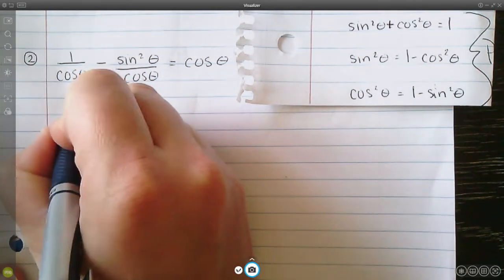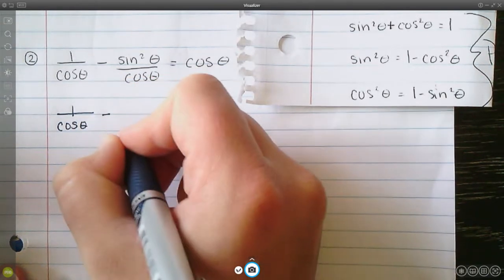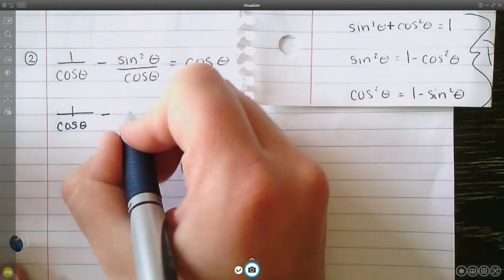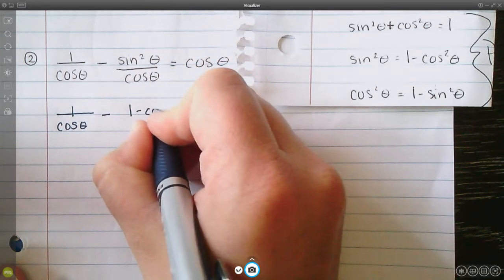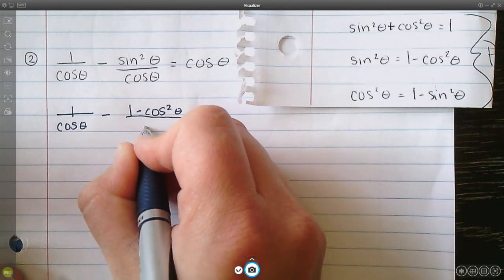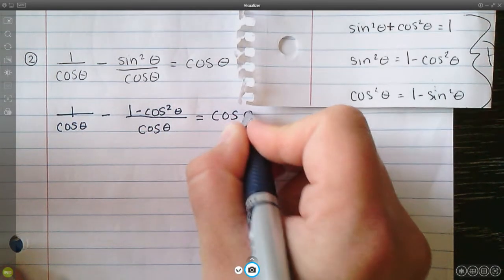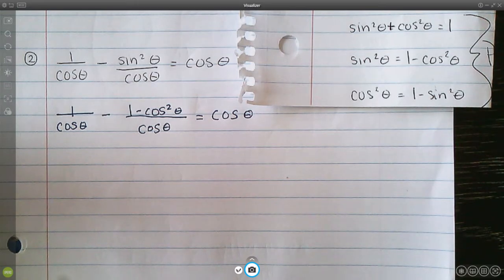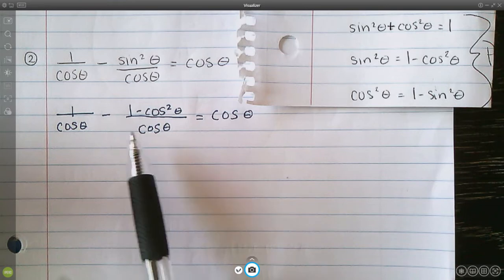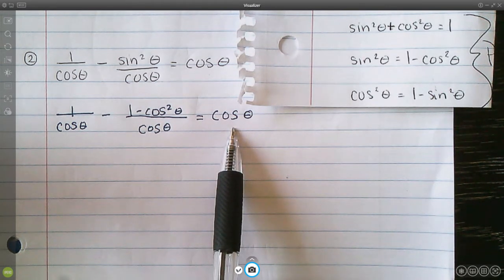So let's go ahead and write that. So we have 1 minus cosine theta minus, and then we're substituting. So instead of sine squared theta, we're going to write 1 minus cosine squared theta over cosine theta equals cosine theta. All right, so we have everything in terms of cosine over here, and over here we just have a normal cosine.